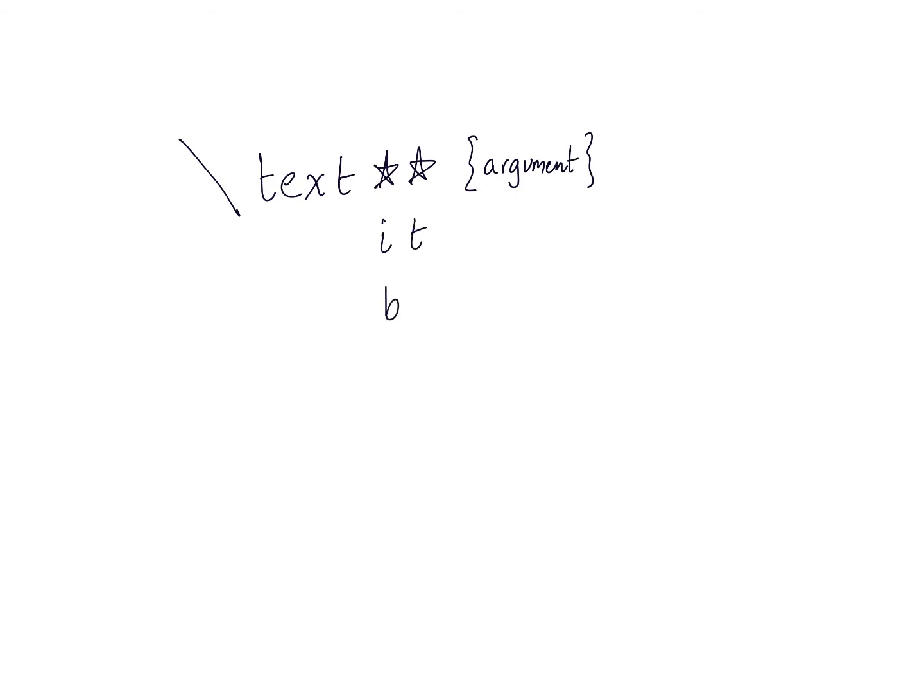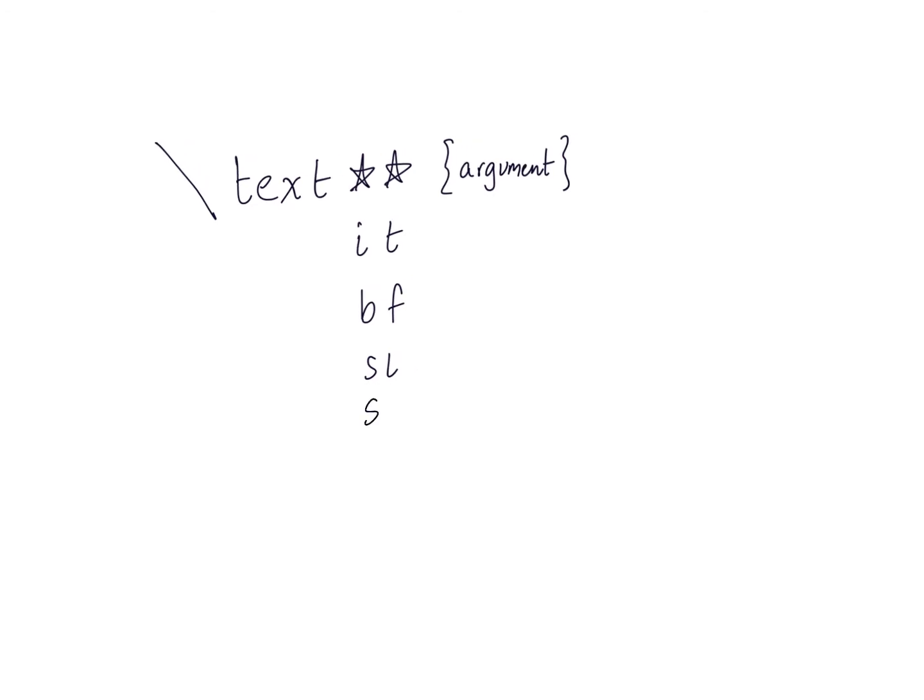For bold, we'll put boldface. For slanted, we'll put SL. And then for small capitals, we'll put SC. Right? And the other one that we used is EMPH for the emphasizing argument.